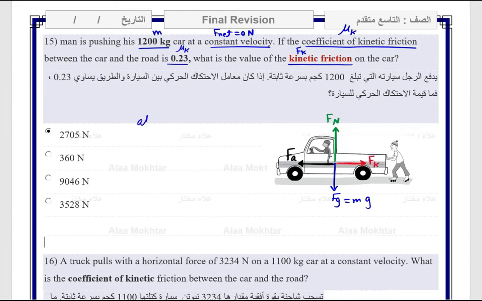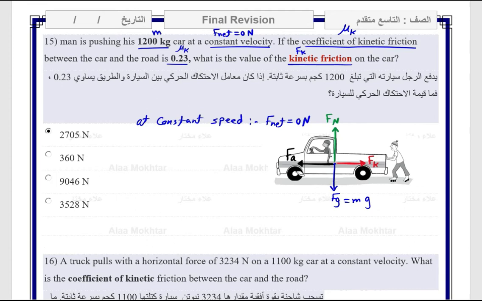At constant speed or constant velocity, F net equals 0. Don't forget it. What is the meaning of F net equals 0? It means the right side equals the left side, the up equals down.